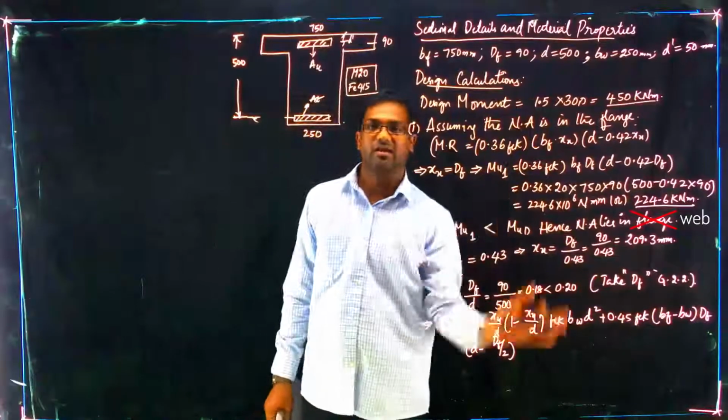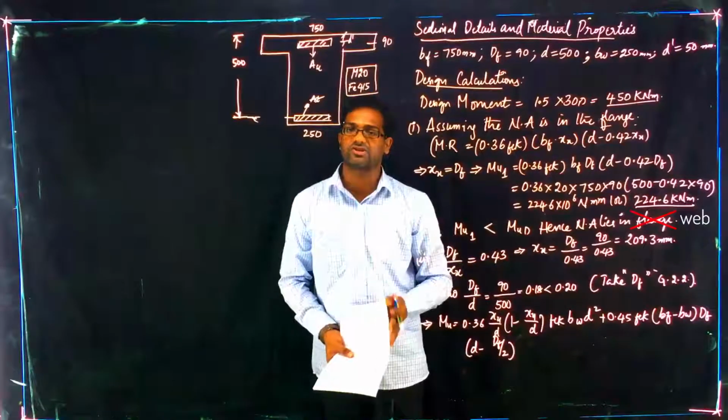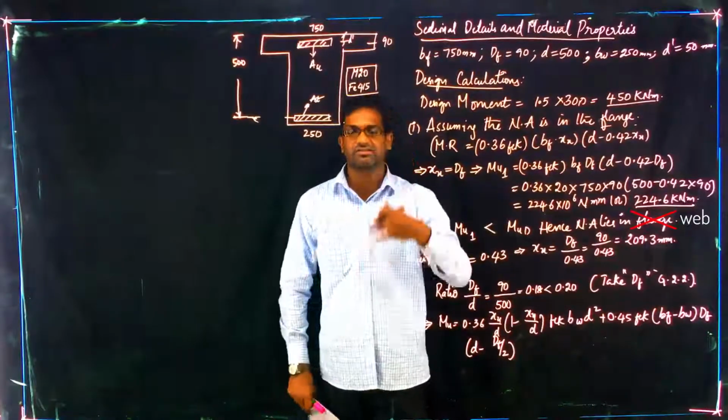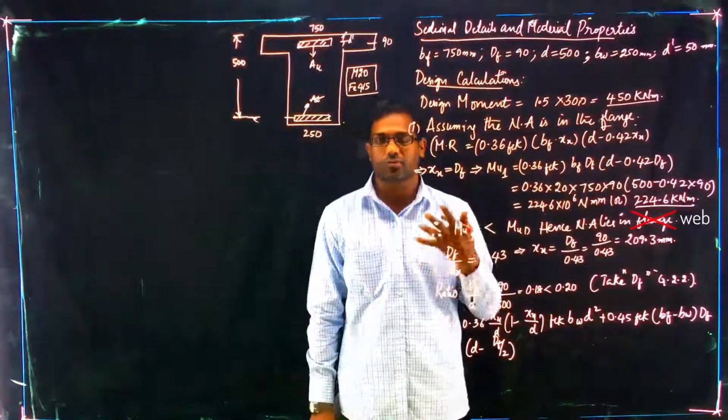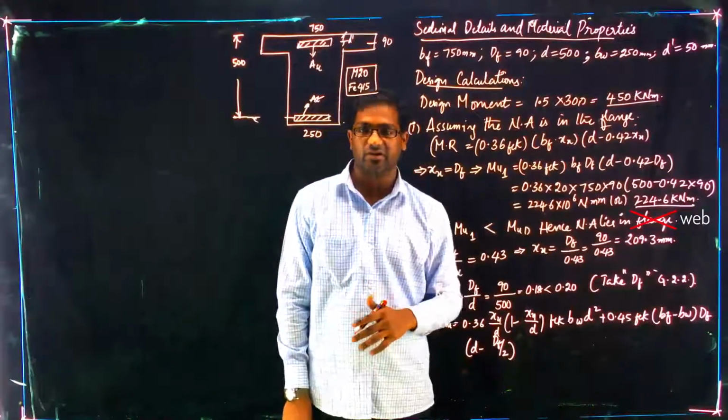So in the design calculation, the first part we will assume this entire beam as a rectangular section, then we will calculate the moment of resistance, and then the extra moment whatever we are getting out from here, we will design for doubly reinforced.